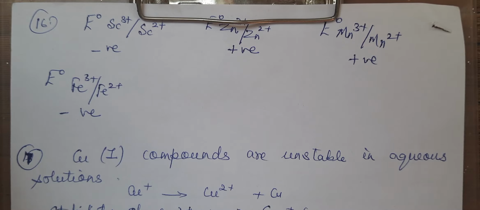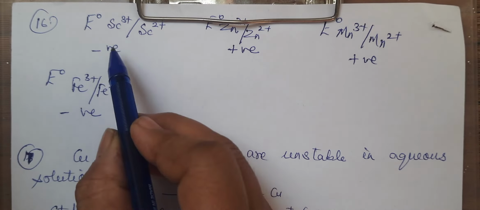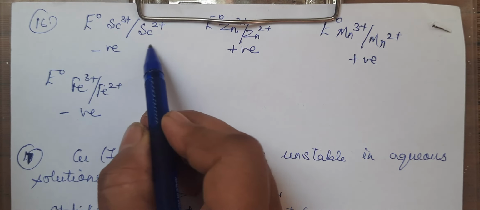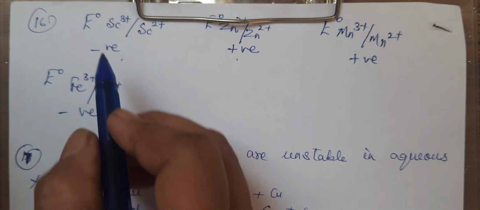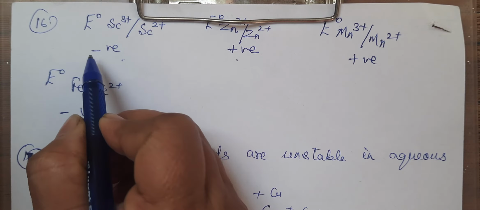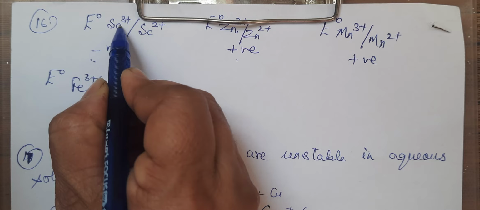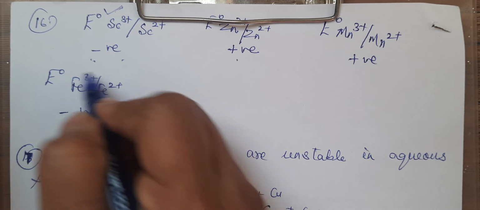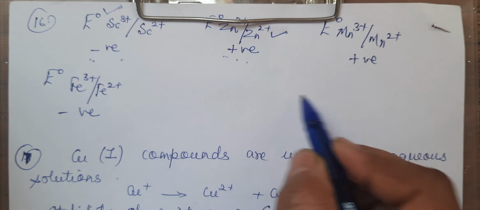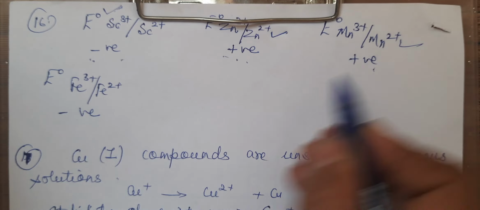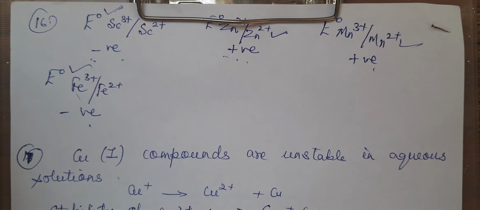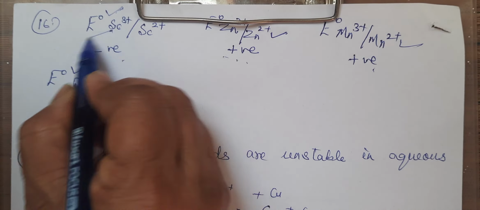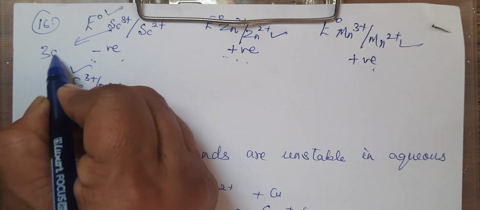Clear? You might be asked some questions like this also, that why the E naught value for this is more negative, this is more positive. You just see, if it is more negative means higher oxidation state one is more stable. More positive means this is more stable. More negative means this. Always you try writing their configurations. Right? Scandium 3+ configuration is 3d0.